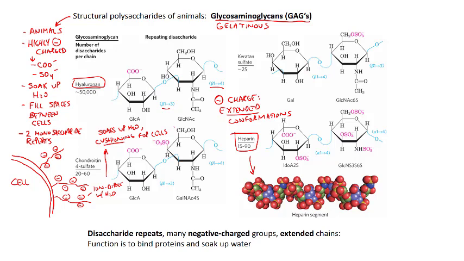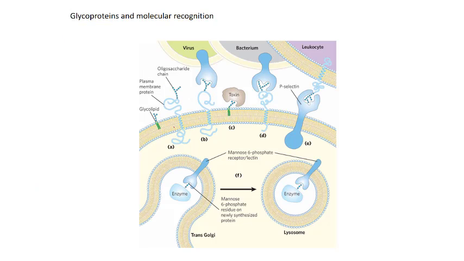All right, so to summarize, GAGs have disaccharide repeats, lots of negatively charged groups, extended chains. Their function is to soak up water and to bind to proteins. And that's a function that is not entirely limited to glycosaminoglycans, but it's true for many other carbohydrates as well. So there is a term called glycoproteins, and these are just proteins with carbohydrates chemically attached.